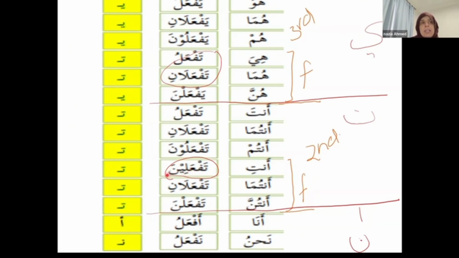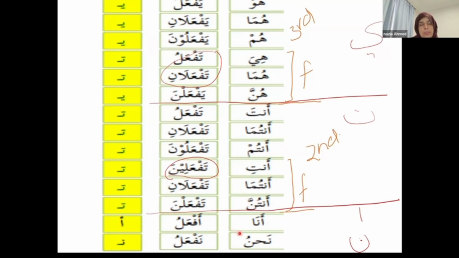Antuma taf'alani. Antunna taf'alna. The second person, remember? Taf'alna. So taf'alu, taf'alani, taf'aluna. Taf'alina, taf'alani, taf'alna.